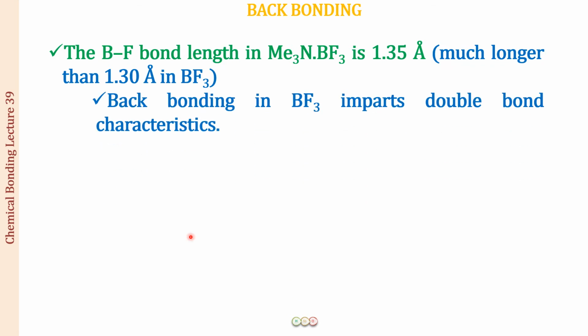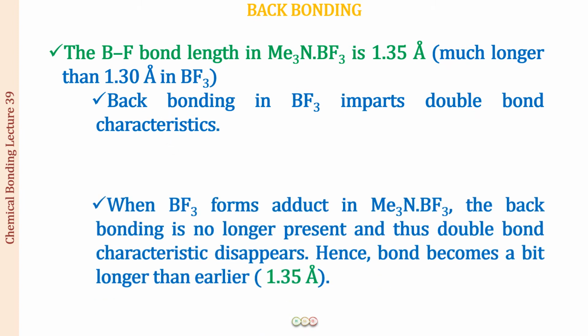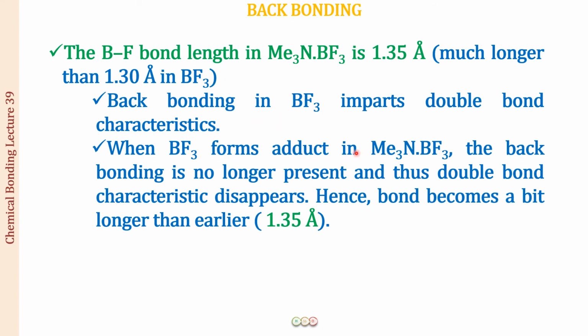Back bonding in BF3 imparts double bond character. That is why the bond length in BF3 is 1.30 angstrom, whereas in Me3N·BF3, BF3 is forming an adduct. The back bonding is no longer present, hence the double bond character disappears, and the bond becomes a bit longer than earlier.